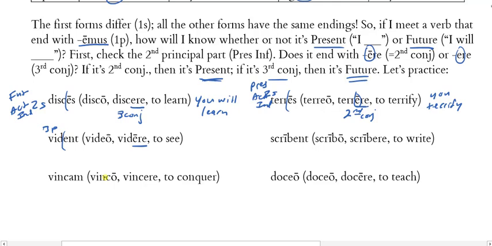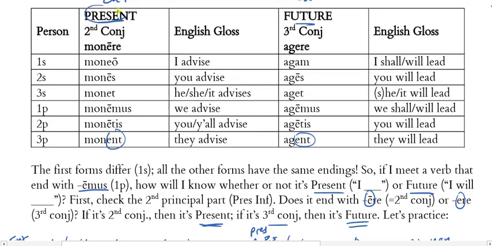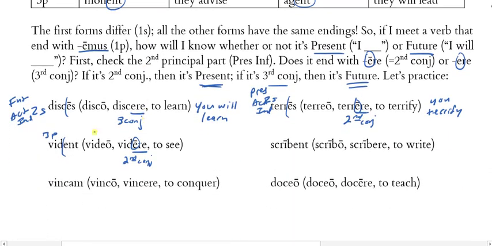Go to the second principal part. The infinitive is vidēre, and that long E tells me it is second conjugation. And if I have -ent with second conjugation, that's the present, right? That's the present side. So this is present active indicative, third plural. Then I'm going to translate this as they, not will, but just simple present. They see, or they are seeing.